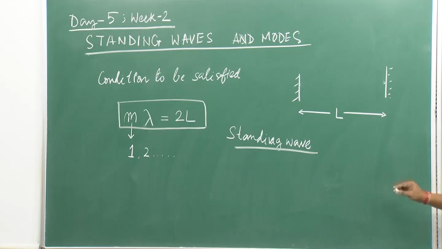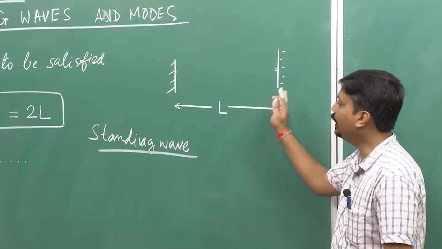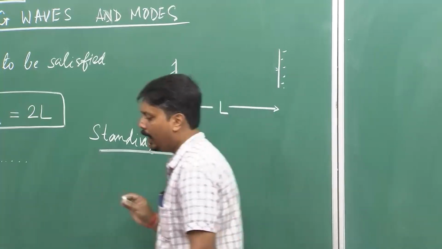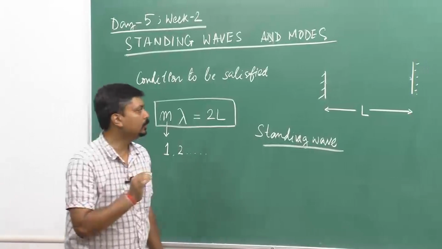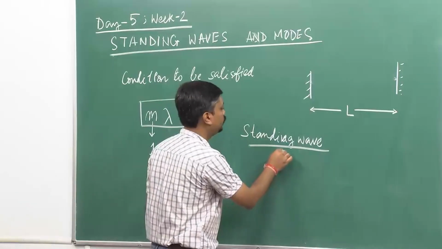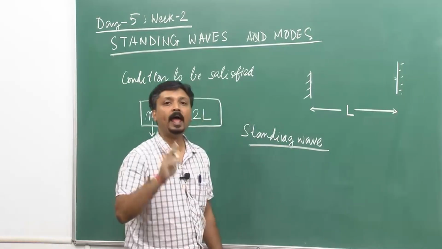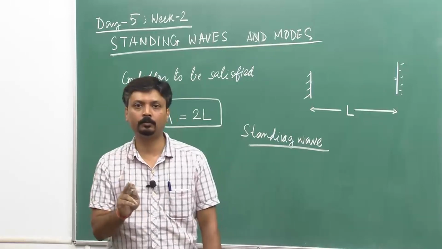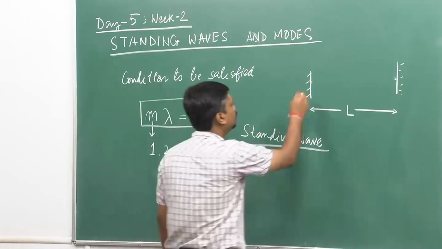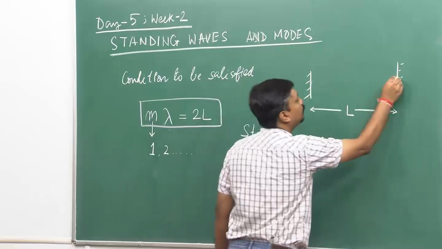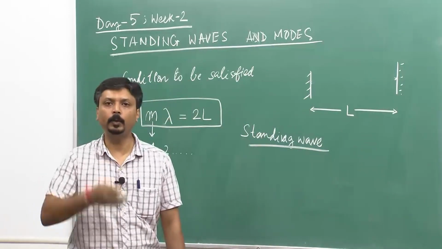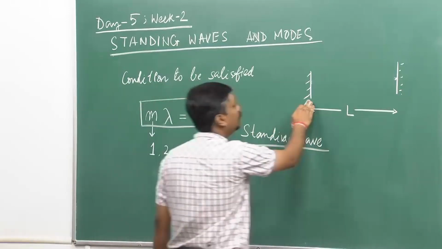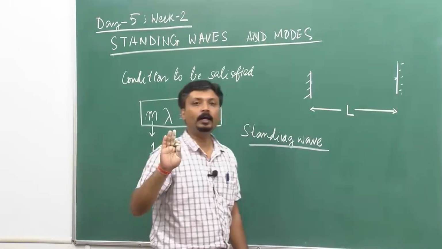So, what does that mean in case of laser? It will mean that all these modes that will form a standing wave will have their nodes at the turning points, that is at the mirrors, the two end mirrors. These mirrors, as we have already said, are called end mirrors.